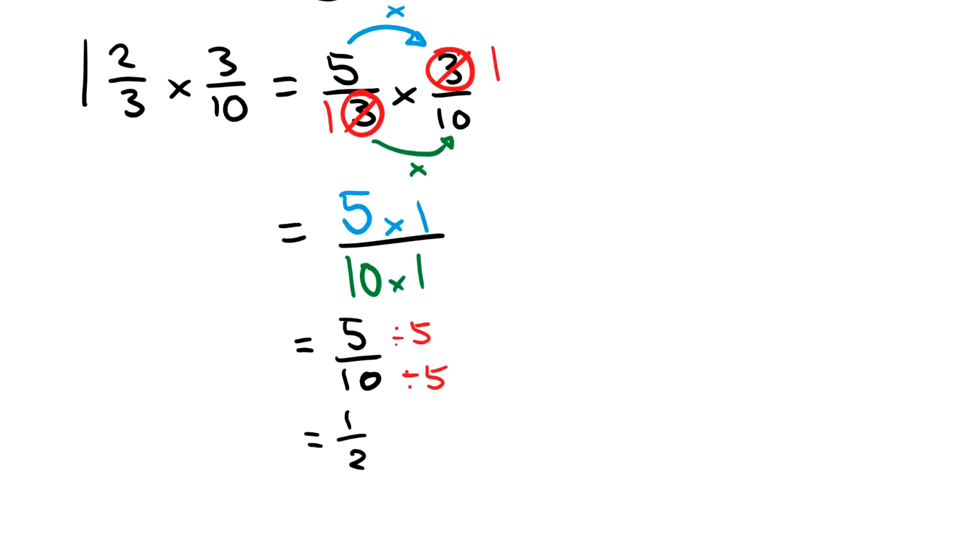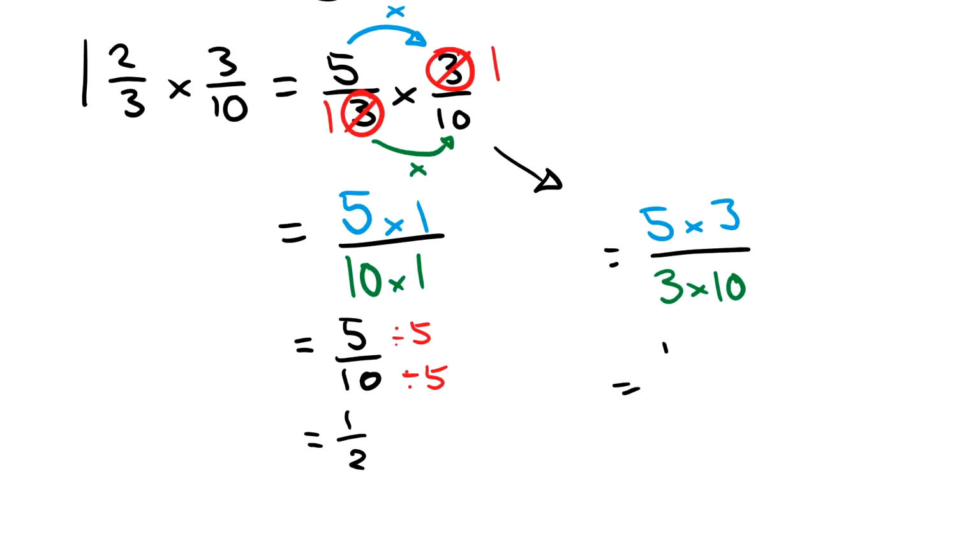Now what would happen if I didn't do my cancelling up here originally? So let's draw a little side arrow. Let's say I ended up with 5 times 3 over my 3 times 10.